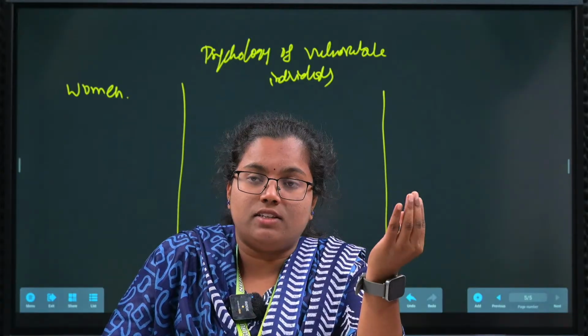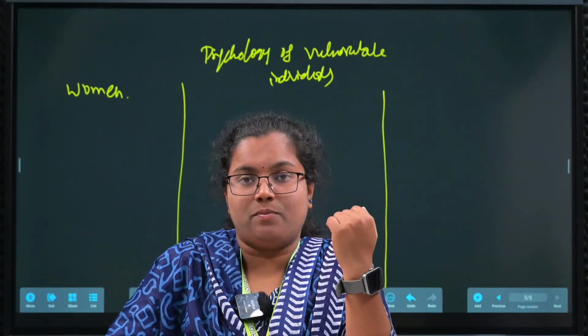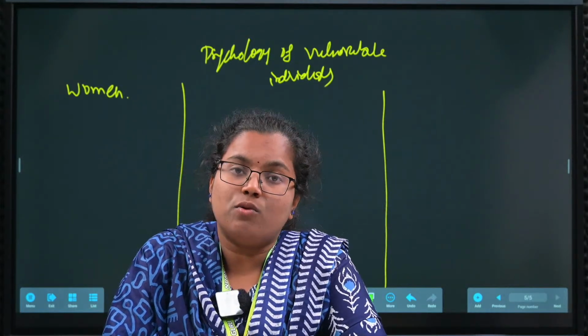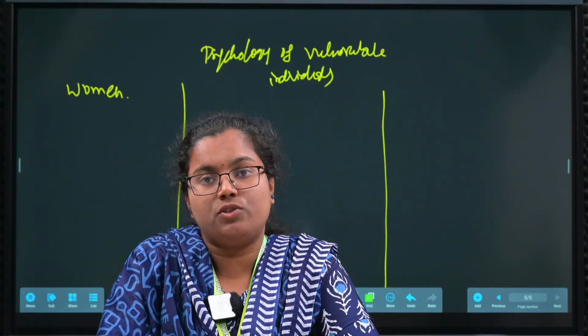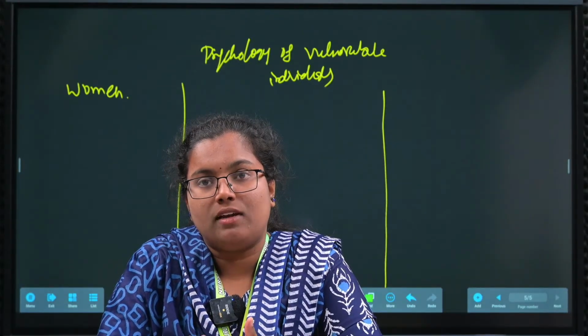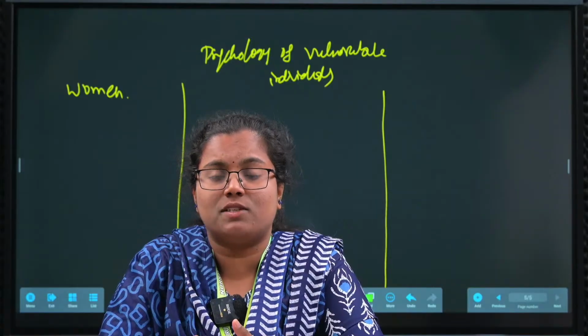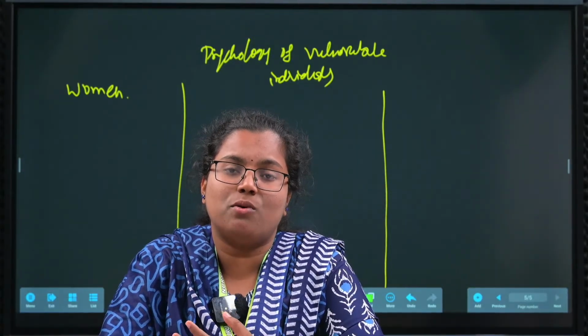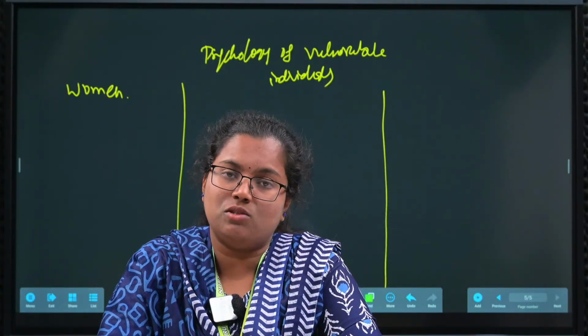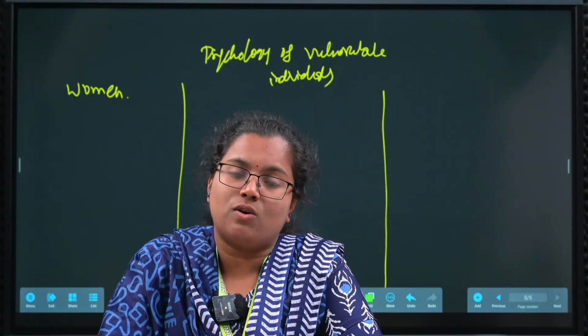The next reason is unwanted pregnancy. Unwanted pregnancy affects their emotions, it will change their emotions. Then violence from their spouses, meaning from their husband. Violence from their husband is also a main reason for those consequences.